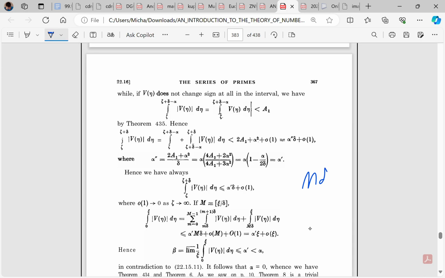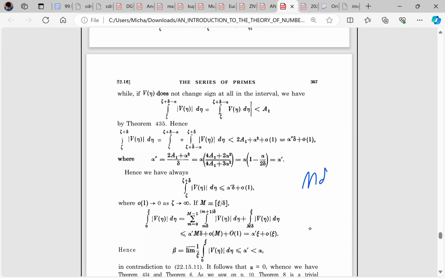M delta, you have alpha prime xc plus alpha prime, and here it's xc. So m delta minus xc. So this thing here is less than 1. So minusing something less than 1 times alpha prime.